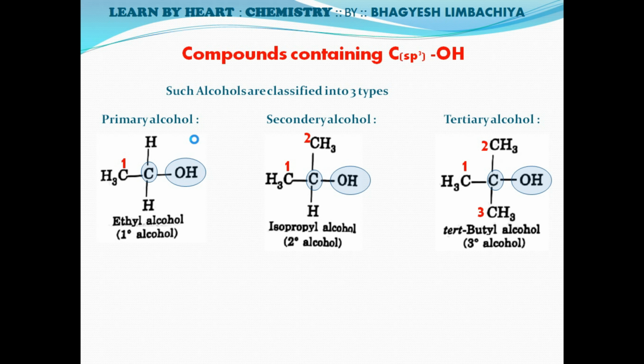OH-containing carbon attached with one carbon atom is primary, with two carbon atoms is secondary, and with 3 other carbon atoms is tertiary. It is a tertiary butyl group, and this compound is tertiary butyl alcohol.